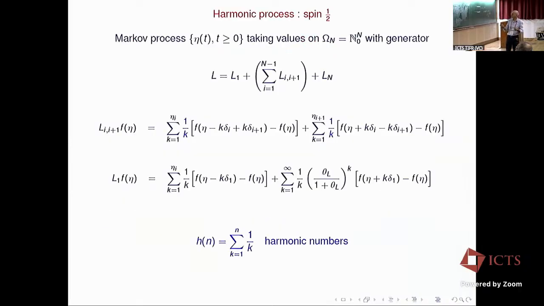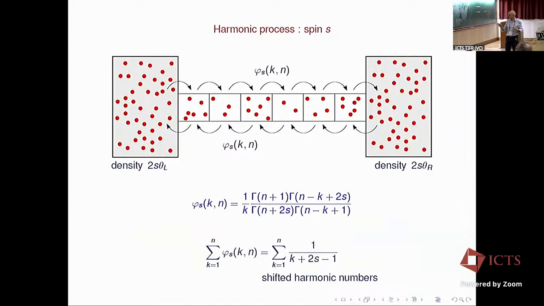So for spin S, let me skip the formal description, you will instead have these rates, which look not so nice the first time that you look at them, and you will never think of them, but this comes from this abstract form of the Hamiltonian when you go to this representation with matrices.